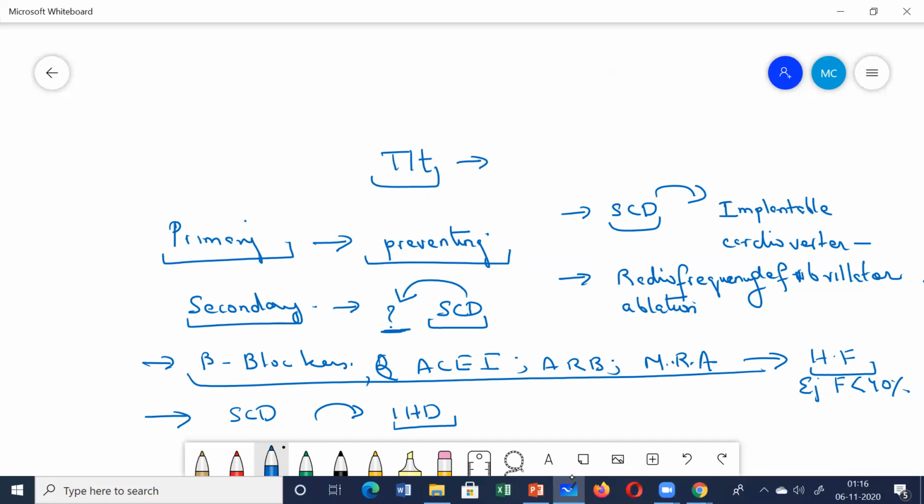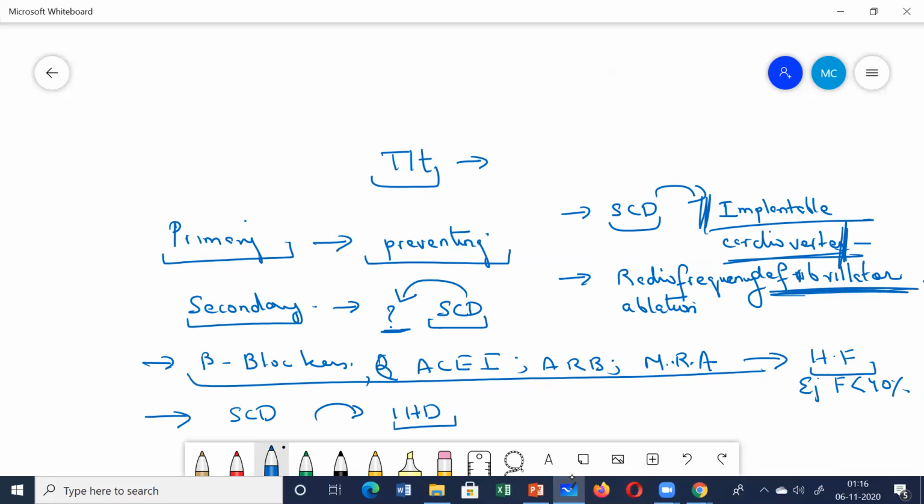So this is the main treatment. The mainstay in patients who have already survived SCD, or you are finding it high risk, Brugada syndrome, or these kinds of patients, we usually go for an implantable cardioverter defibrillator.